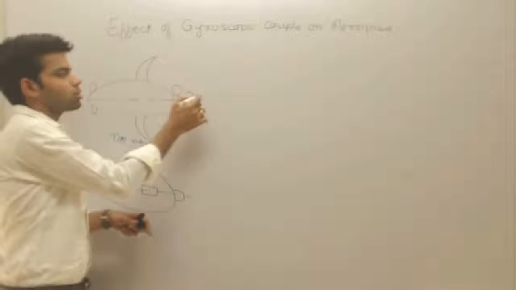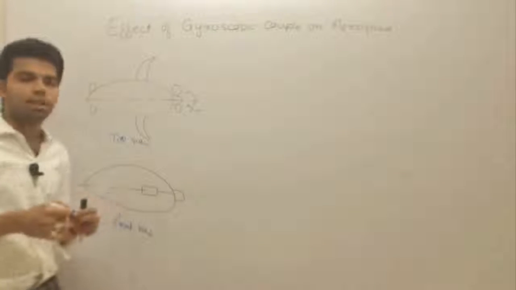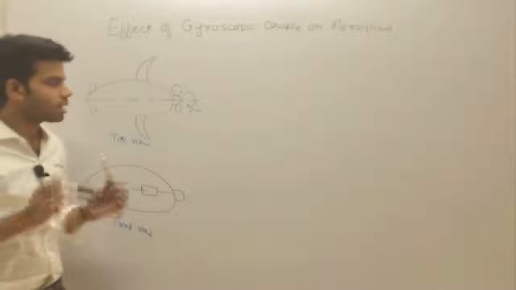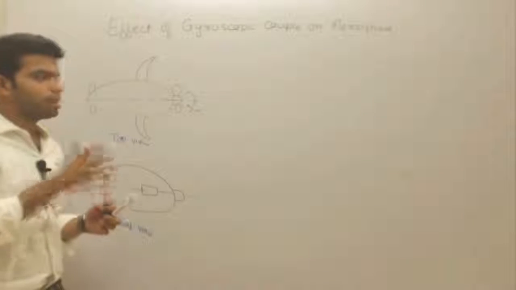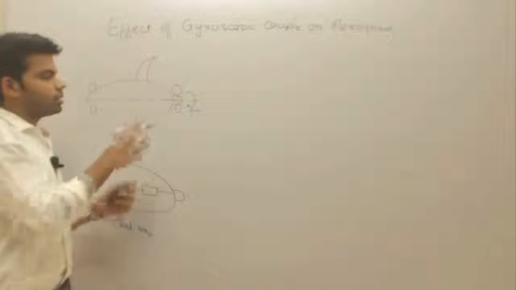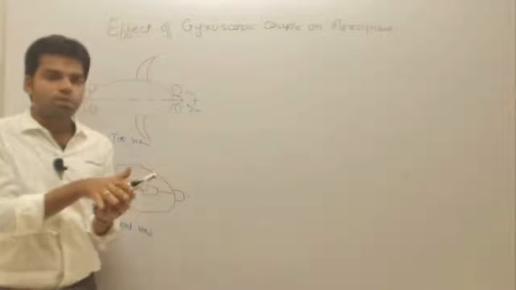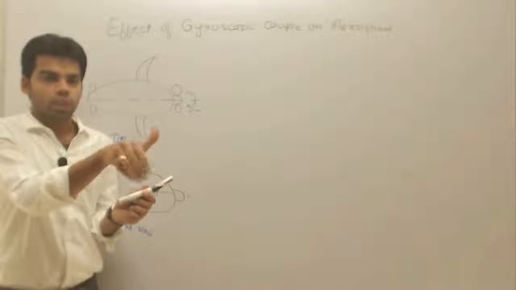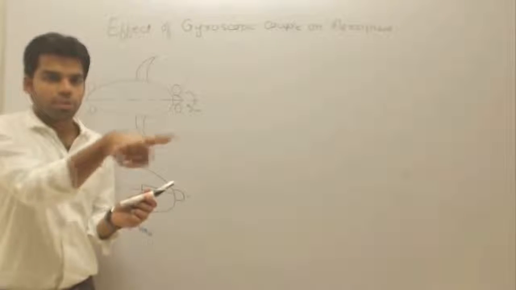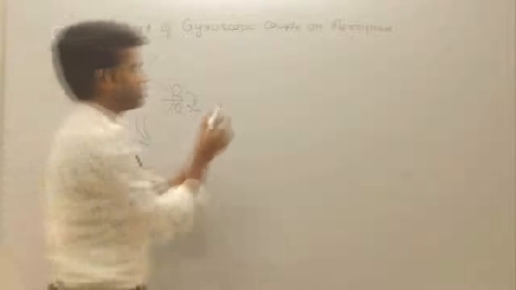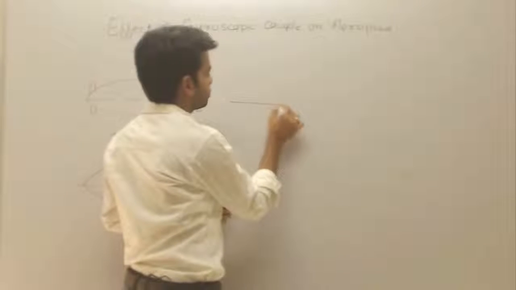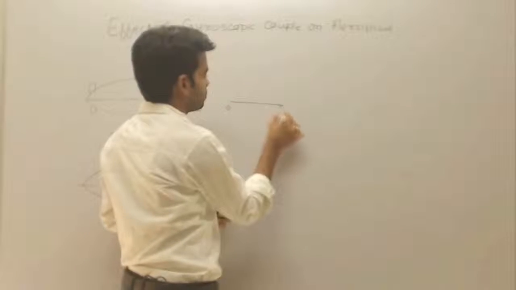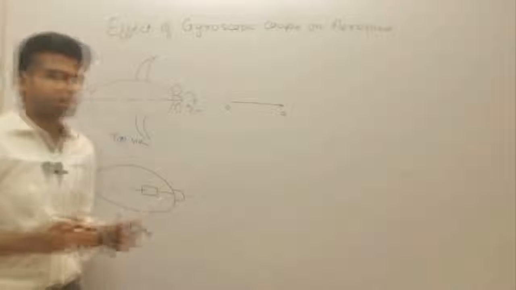This is the top view. So when this aeroplane is taking a left turn, then what will happen? Let us analyze this thing. So initially, what will be the angular velocity vector? In order to have the sense of that angular velocity vector, since the rotor is turning in a clockwise direction, the sense will be in this direction. This will be along the axis of the rotor, and the sense is along this direction.